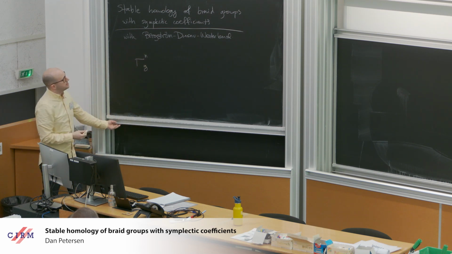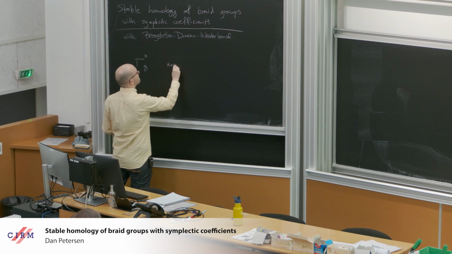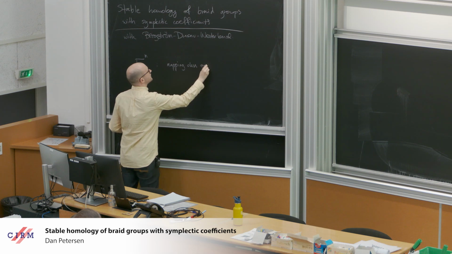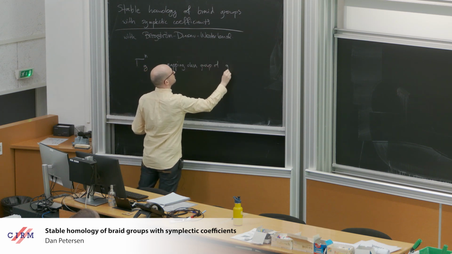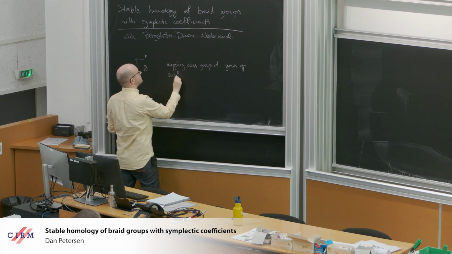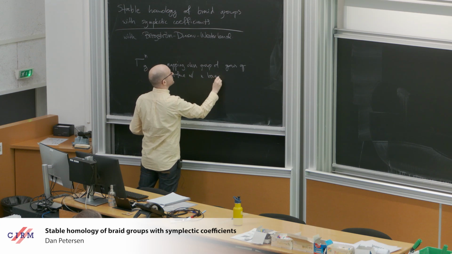So by Γ_{g,n}, I will denote the mapping class group of a genus g surface with n boundaries.